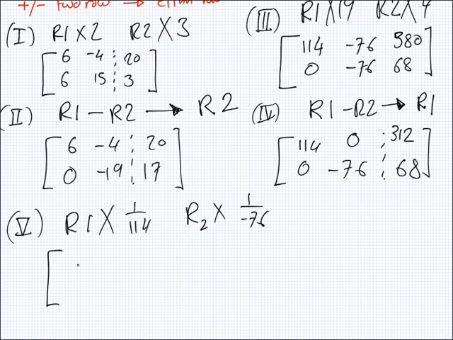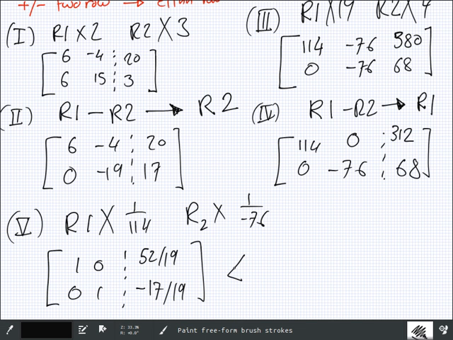So I know I'll get 1, 0, 0, 1 here. Okay, 312 divided by 114, what's that, please? And then 68 over minus 76. It's negative 17 over 19.